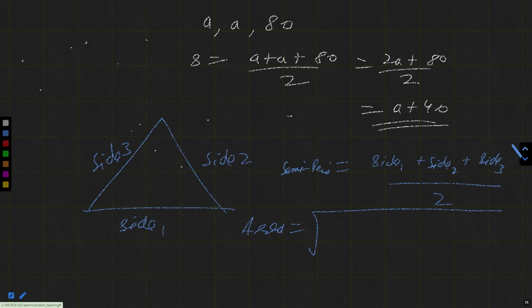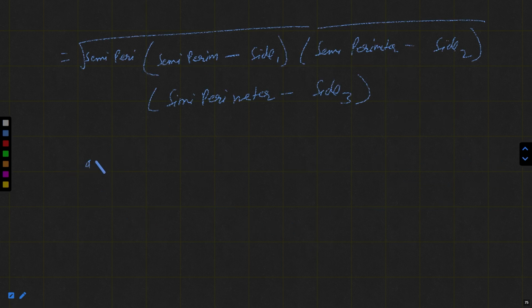So this means the semi perimeter is A plus 40, and I am using A plus 40 wherever the semi perimeter is. So A plus 40 here, A plus 40 here, A plus 40 here, and A plus 40 here.